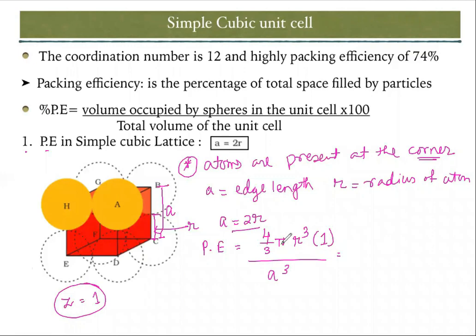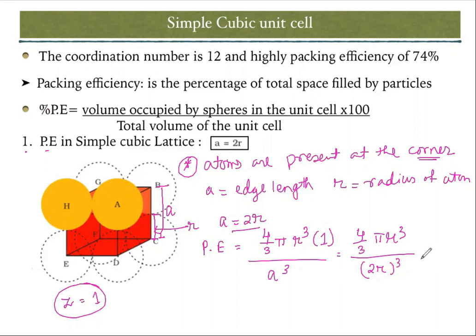Now if we calculate this, we put 4/3 pi r cube divided by A cube, which can be replaced with 2r whole cube.